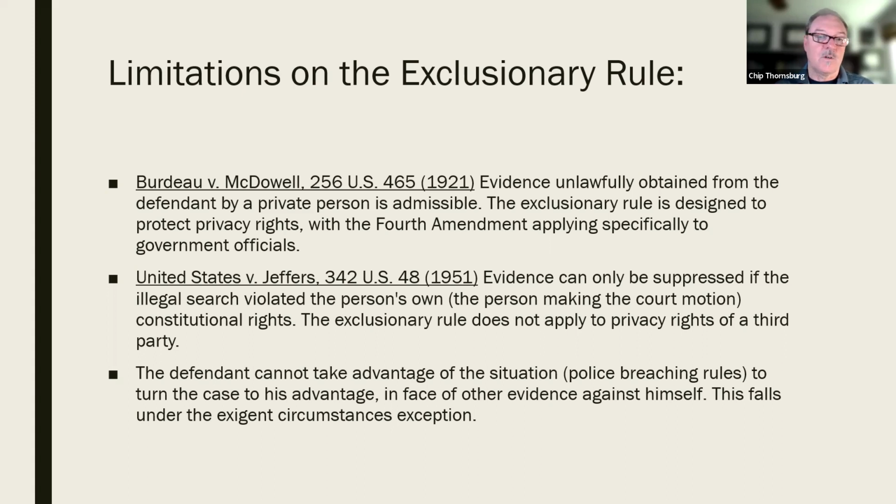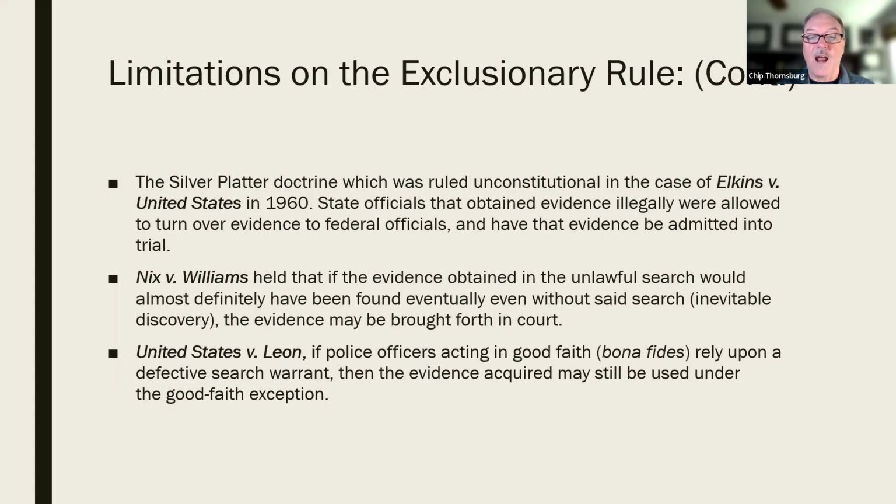Generally speaking, the courts have also said you can't just take advantage of a loophole if the police were acting in good faith. If they thought they had a good warrant and there was something wrong, it gave the wrong address, or the color of the house was wrong, or something like that, you can't exclude the evidence. The courts aren't going to allow that.